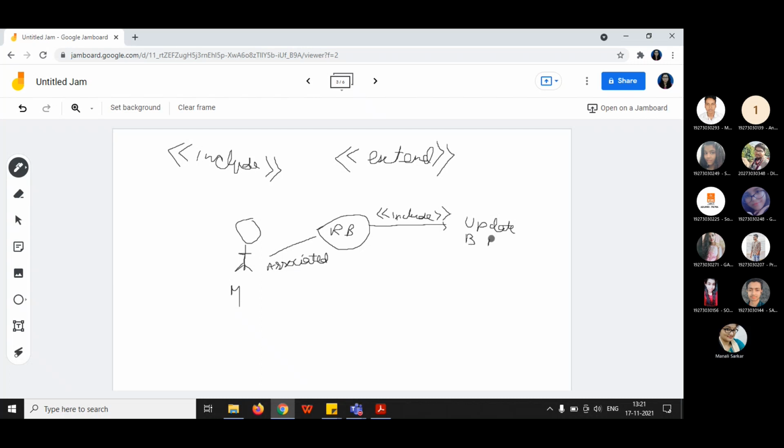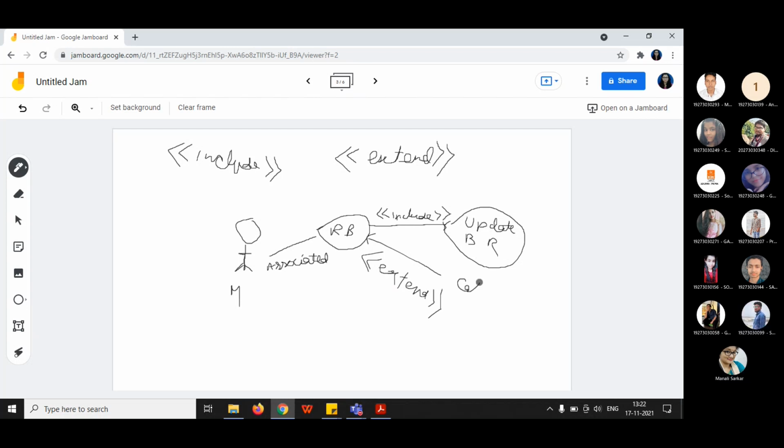Next, if you see, this is extend, calculate fine. So this is the dependency.